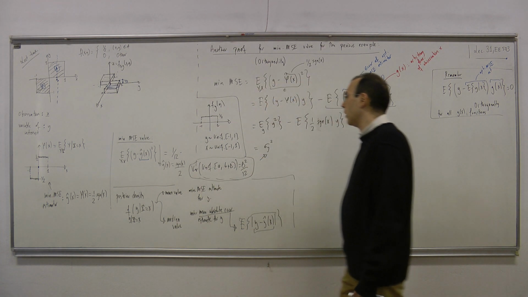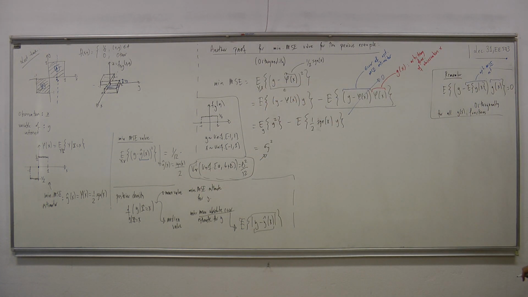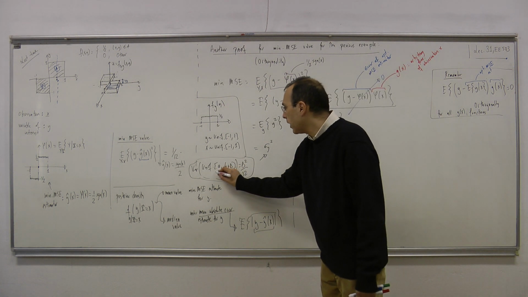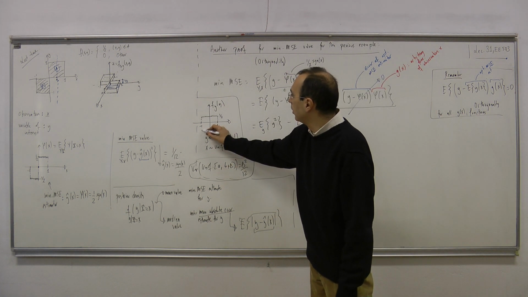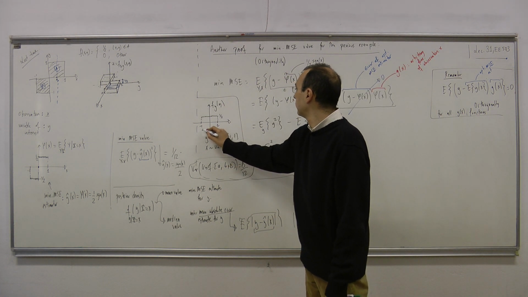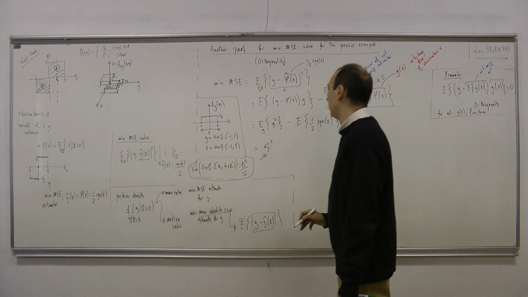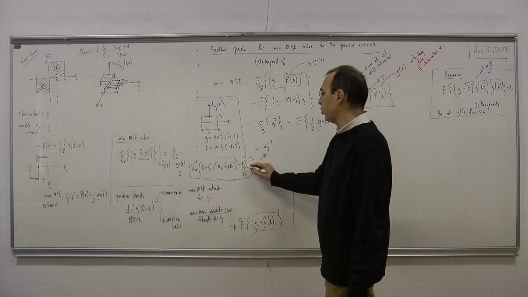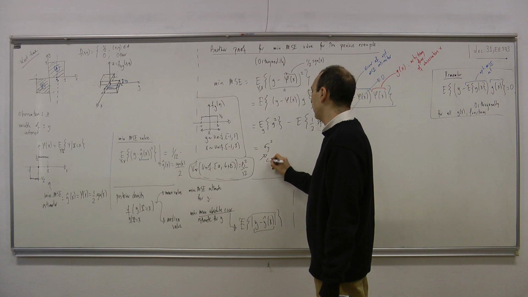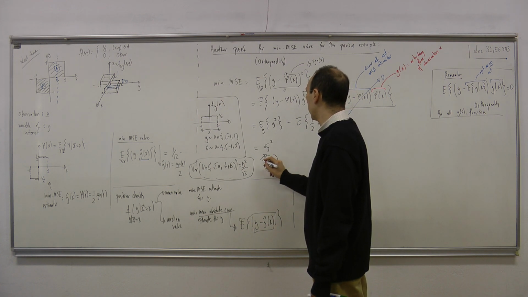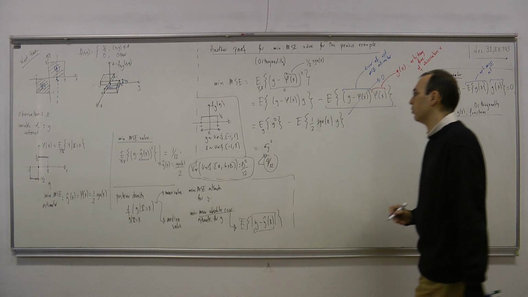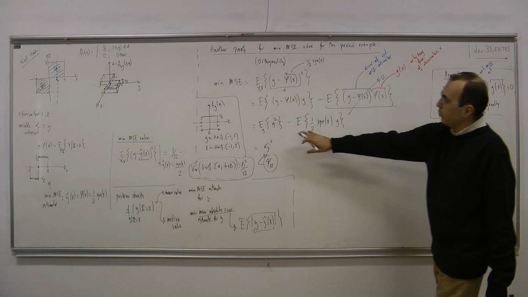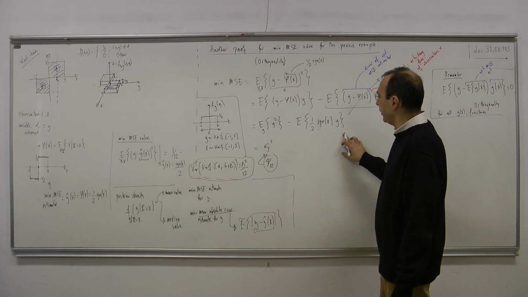This comes up all the time in signal processing, so I just remember it. Delta is the extent of this uniform distribution. Now the extent here is 2, so this is 2 squared over 12, which is 4 over 12. Half of the problem is solved. If I can calculate the other term, I am done.